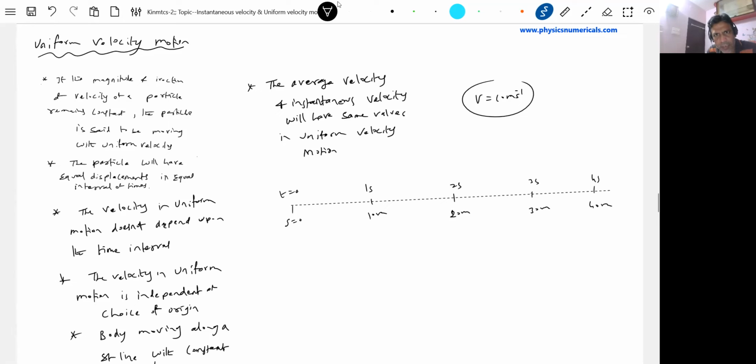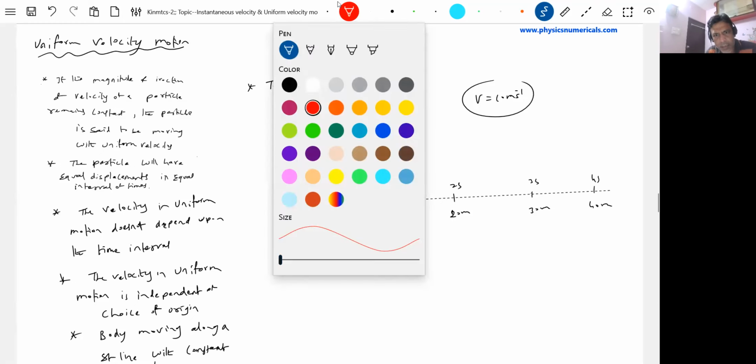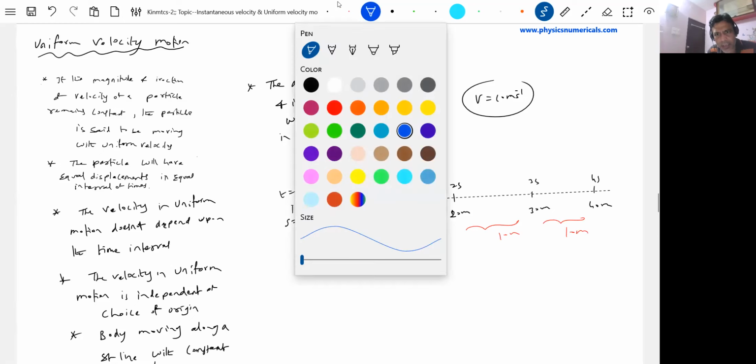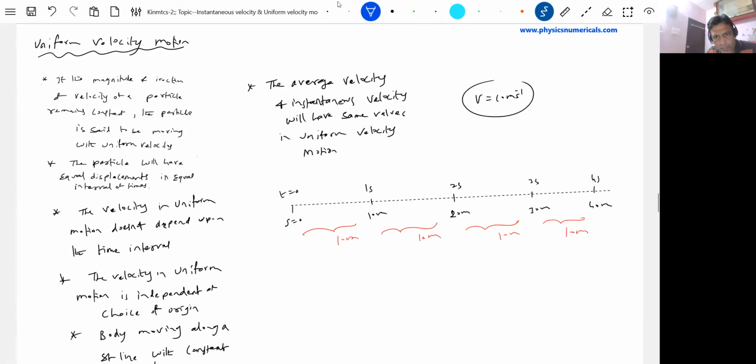So what is the distance covered? You can see here, this will be 10 meter, 10 meter, 10 meter, 10 meter. Now what about the time interval? 1 second, 1 second, 1 second, 1 second.